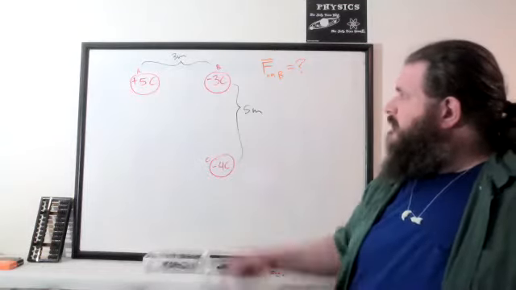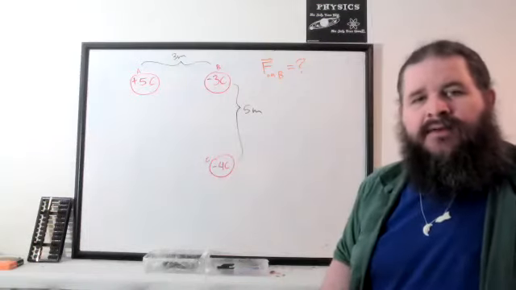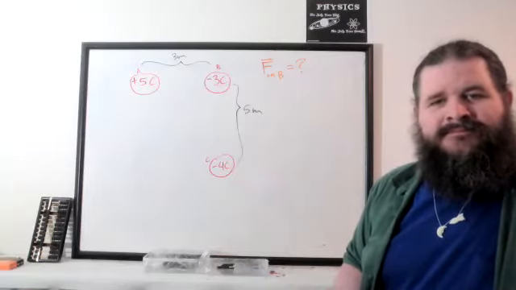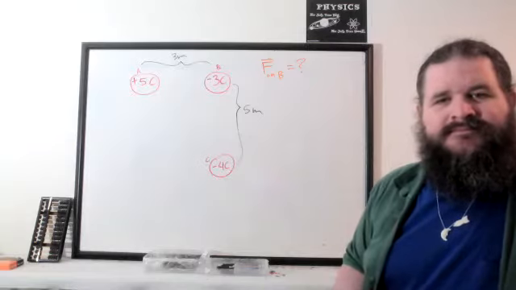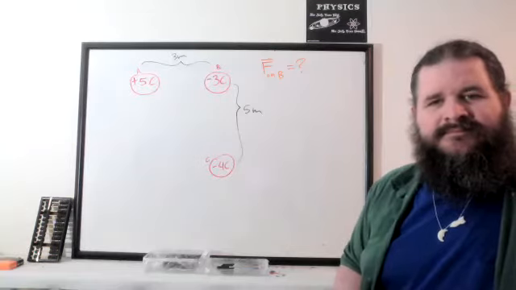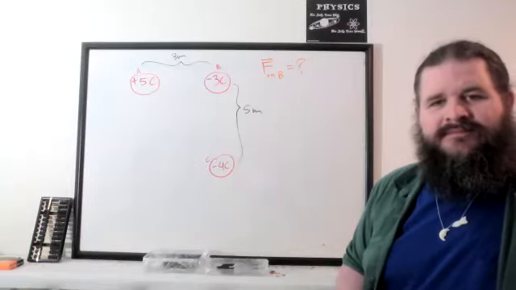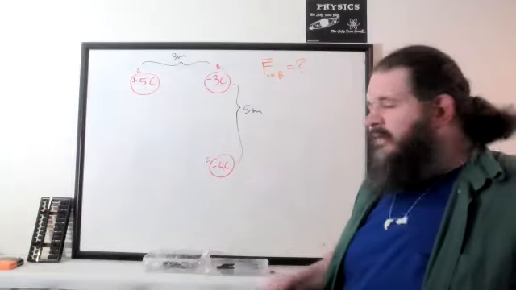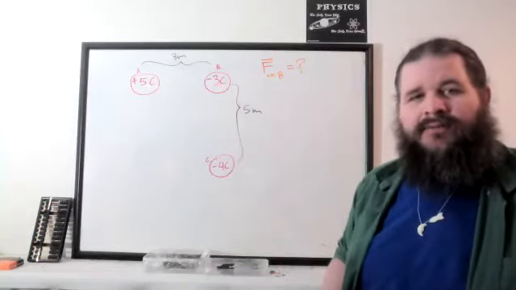I would start by finding the electric field at this location caused by objects A and C. And then once you know the electric field, what could you do? If you know the electric field, how do you find the force? Yeah, we add up the electric fields to find the total electric field at that location and then multiply by the charge of object B.